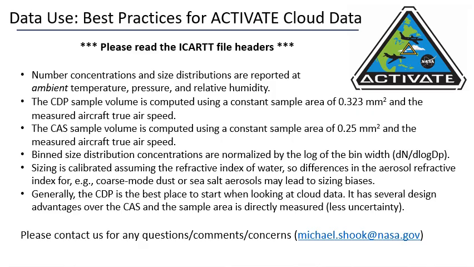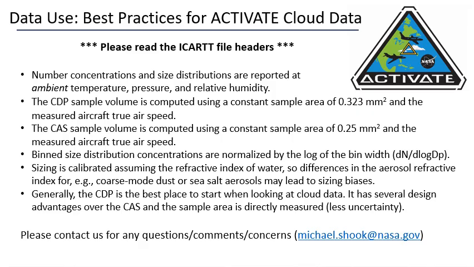The CDP sample volume is used to convert the count rate measured by the probe to a volumetric concentration using a constant sample area that was obtained from manufacturer calibration, as well as the measured aircraft true airspeed. The CAS sample volume is computed in a very similar way, again using a constant sample area, which is assumed to be 0.25 square millimeters.